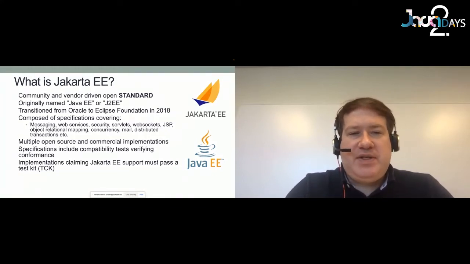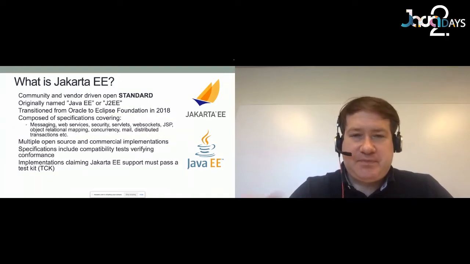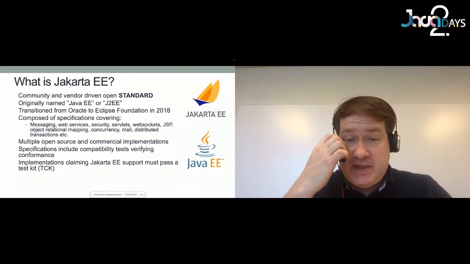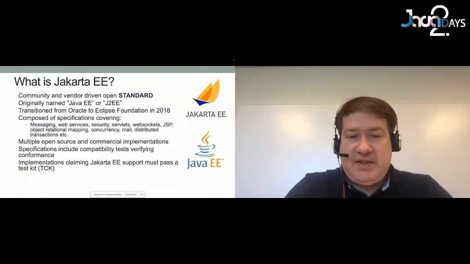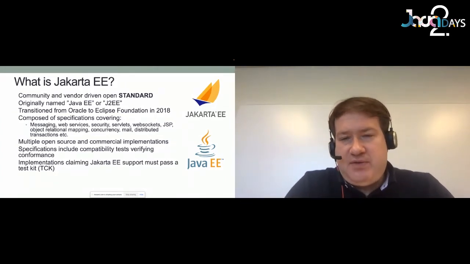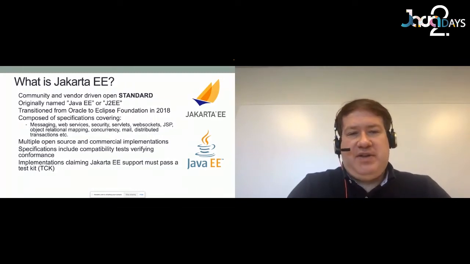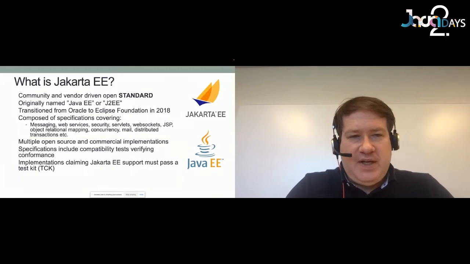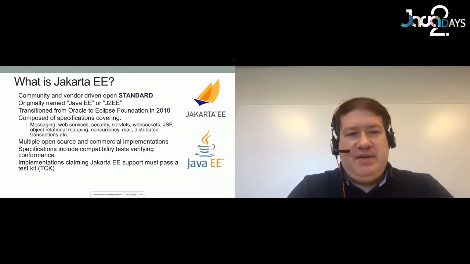In 2018, it transitioned from Oracle to the Eclipse Foundation, which is actually a great thing because it's no longer driven by a single vendor. After Oracle acquired Sun, Oracle had a lot of control over it, and did a great thing, which was donate it to the Eclipse Foundation so that it could evolve in the open.